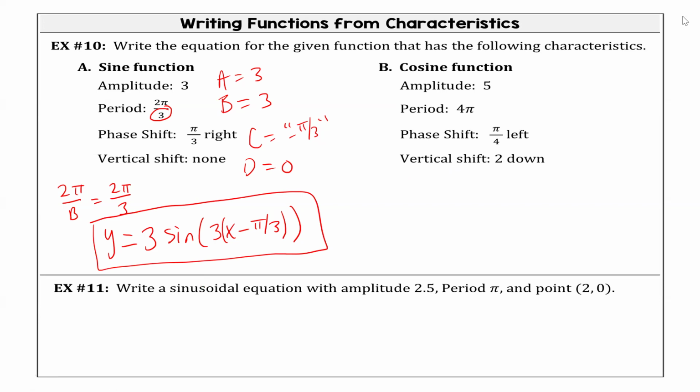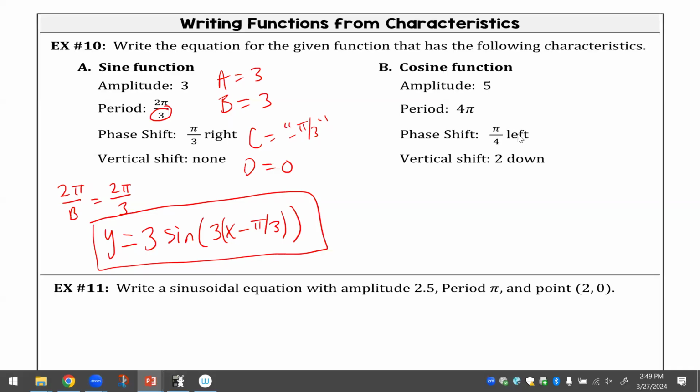Identify your A, your B, your C, and your D. All right, so let's see how we did. So for cosine, you have amplitude of 5, period of 4 pi, phase shift of pi over 4 left, and vertical shift 2 units down. So the first thing we start off with, we know that our amplitude tells us that our A equals 5.